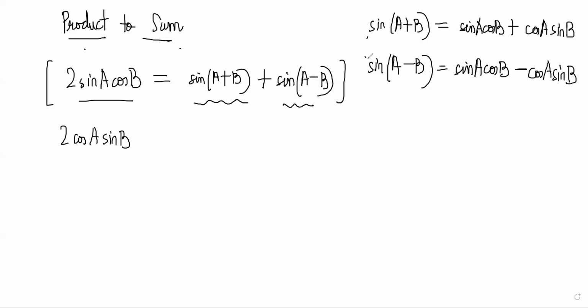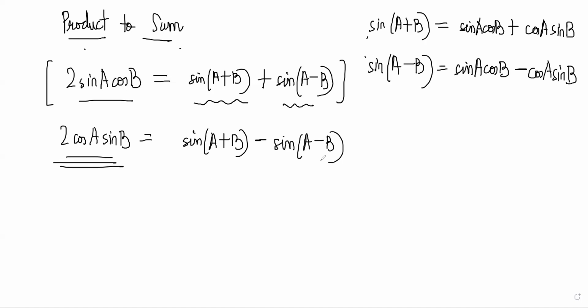If I subtract these two, I should be able to get 2 cos A sin B. You don't need to remember this, it is common sense. If I have to write this, I can just think about it and get what the formula should be. If it is a mixture of sine and cos, it is always going to be a combination of two sine terms.